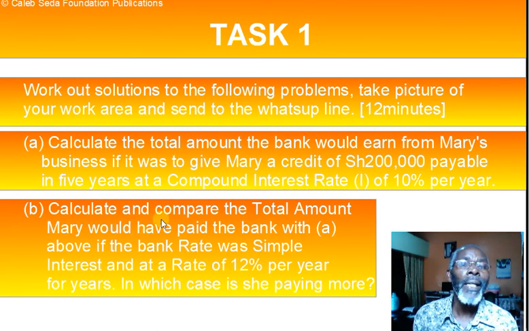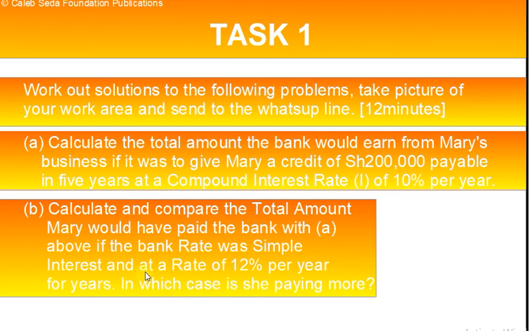B. Calculate and compare the total amount Mary would have paid the bank with the amount in A above if the bank rate was simple interest at a rate of 12% per year for the 5 years. In which case is she paying more?